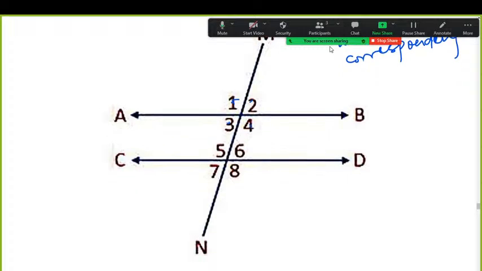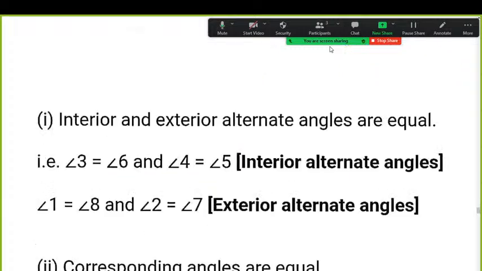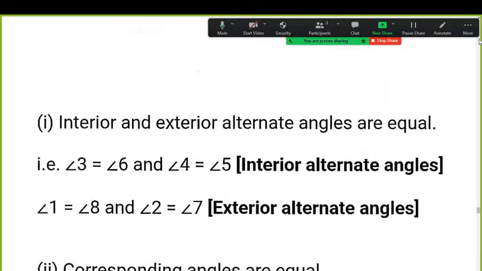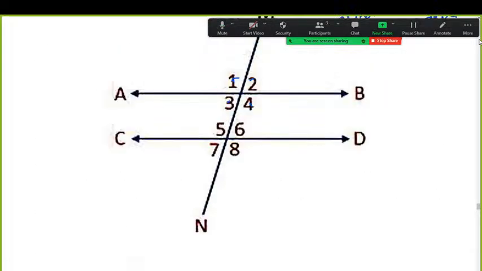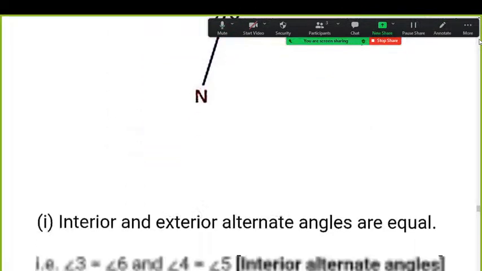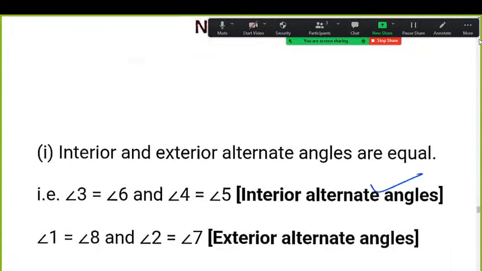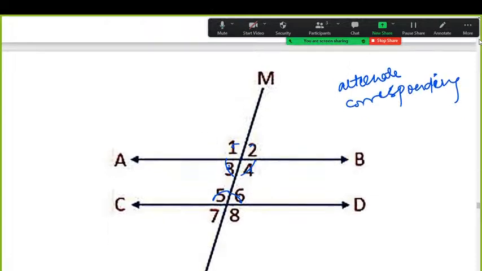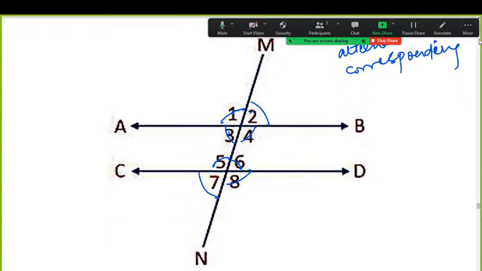All these angles are obtained. I'm just mentioning all these things. Here angles 3 and 6, 4 and 5 are interior alternate angles. Similarly, 1 and 8, 2 and 7 are exterior alternate angles.